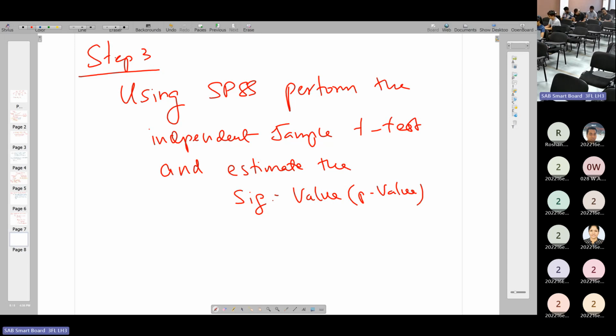So how many steps have we discussed up to now? 3 steps. What are the 3 steps? You can look at the notes and tell me.